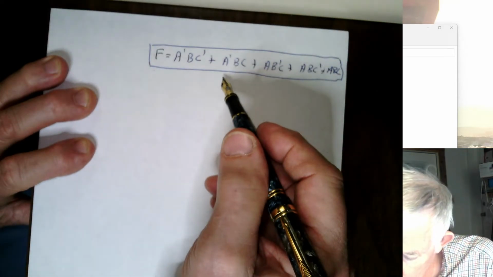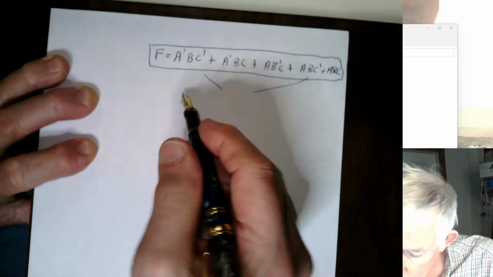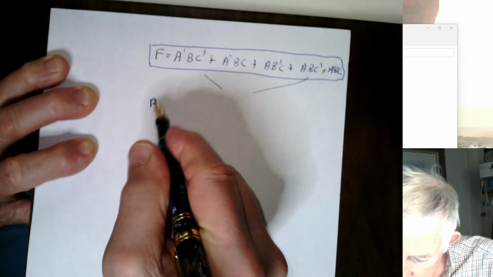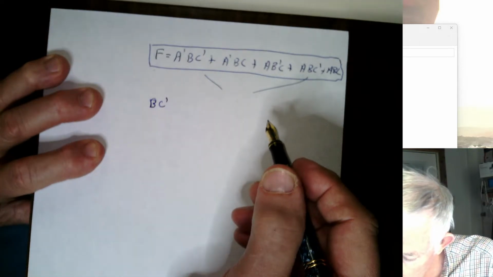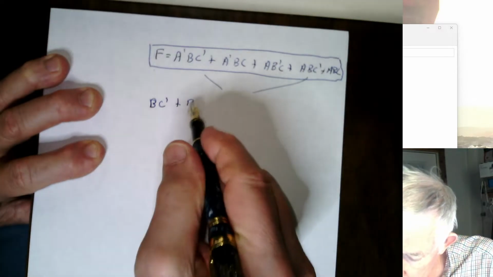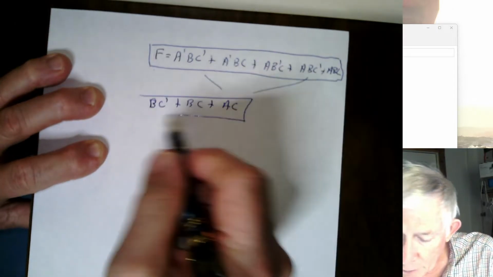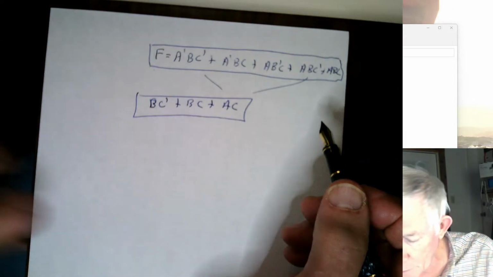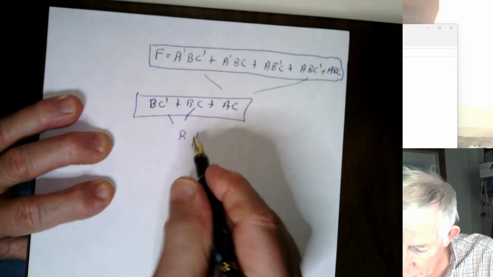Let's see what would be a good simplification. So I'll maybe combine these two, and I'll get BC prime, and then we have ABC, so we can do plus BC plus AC. So I can simplify it to this for now, and I can actually simplify it more, to B plus AC.